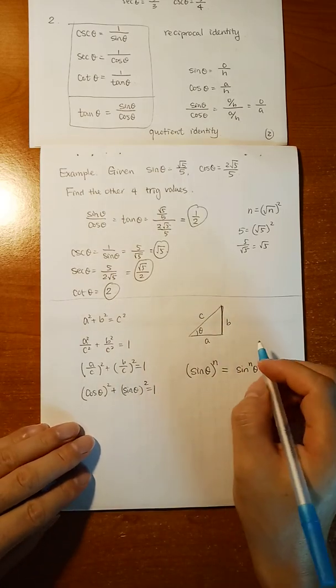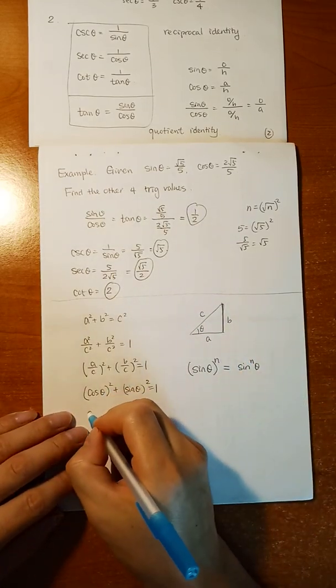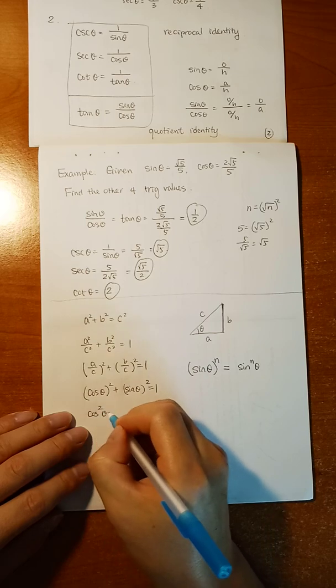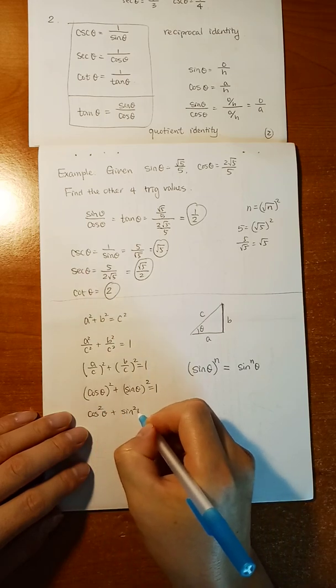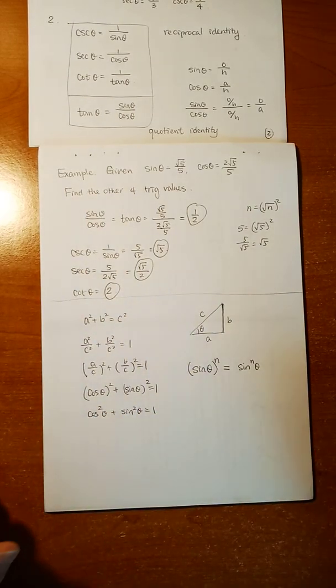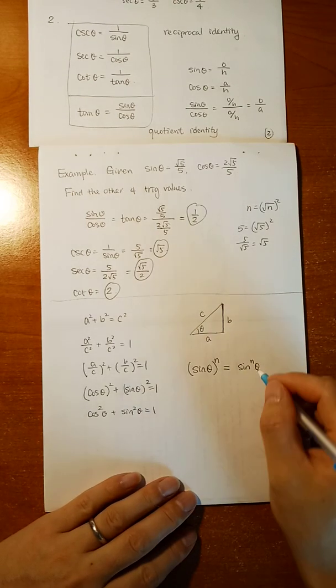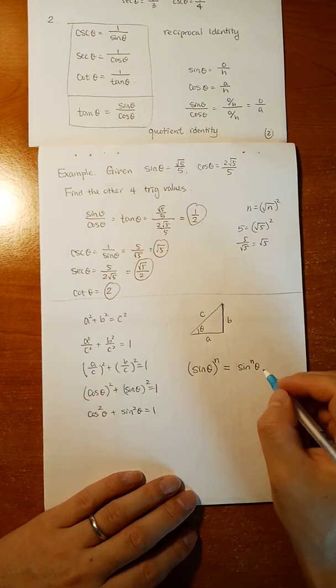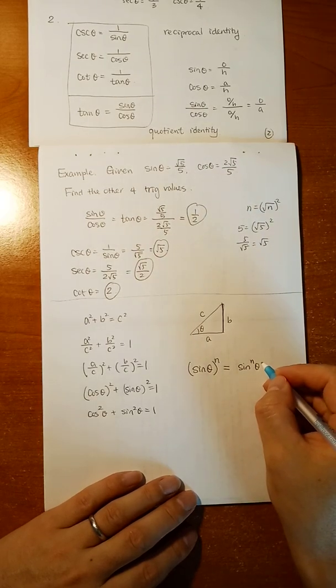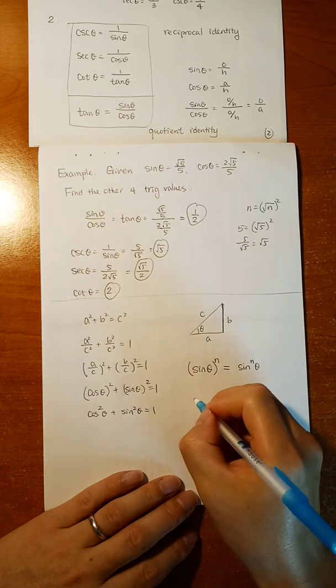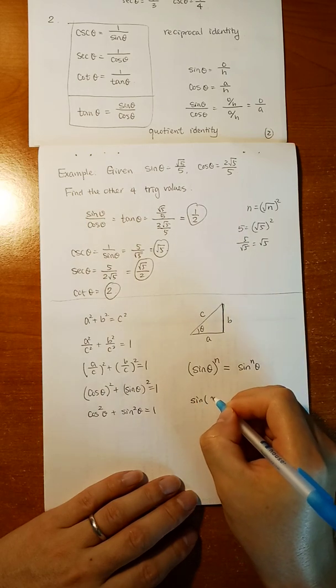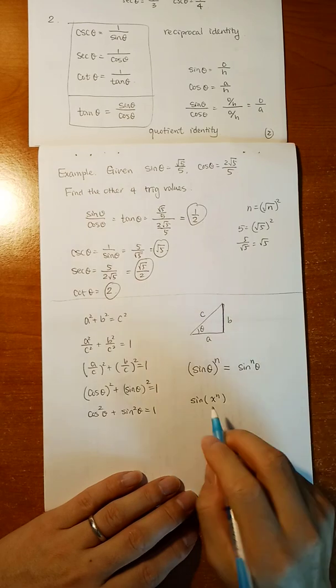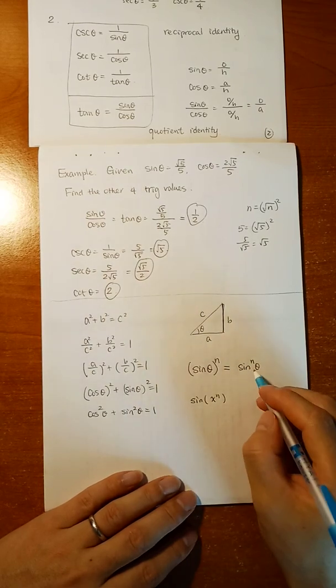With this symbol in mind, we can write cosine squared plus sine squared equal to 1 in this way. So be careful about this. If you really want to put a power on top of an input, you have to write it this way. This one is different from that.